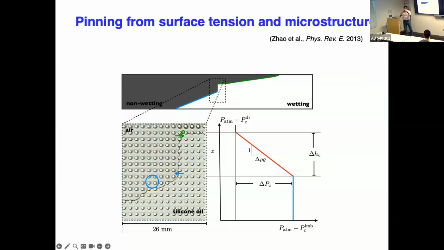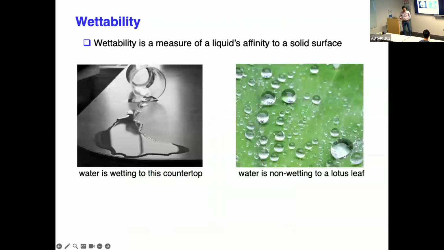These two pressures of invasion, air displacing silicone oil or silicone oil displacing air, without any hysteresis in contact angle, just by virtue of having a disordered porous medium, are different, and that difference has to be taken up by gravity. So delta rho g h is equal to that difference in pressure. That explains why that interface doesn't move.